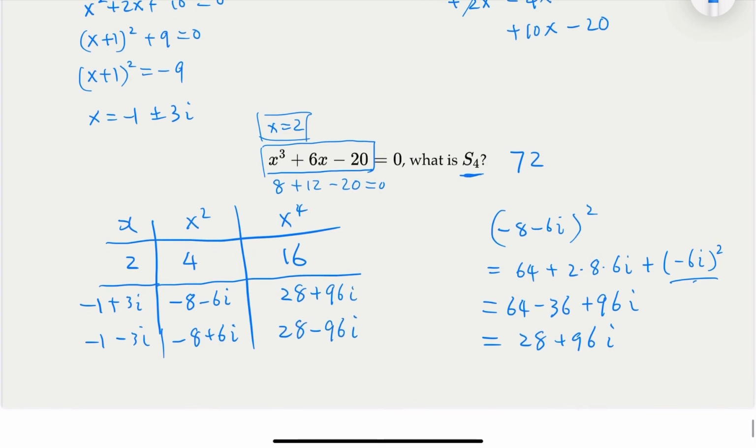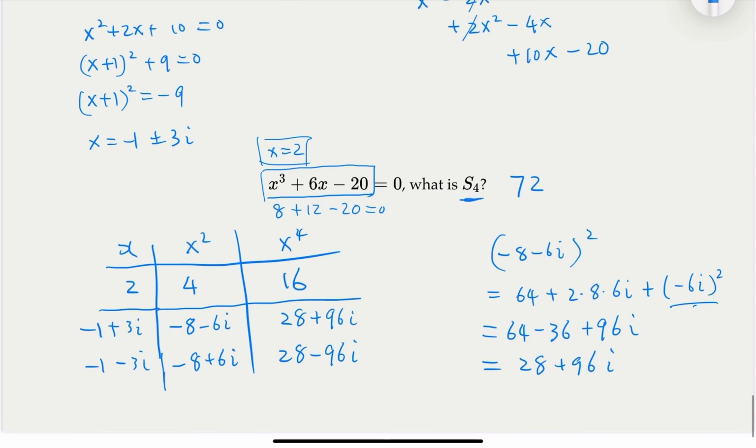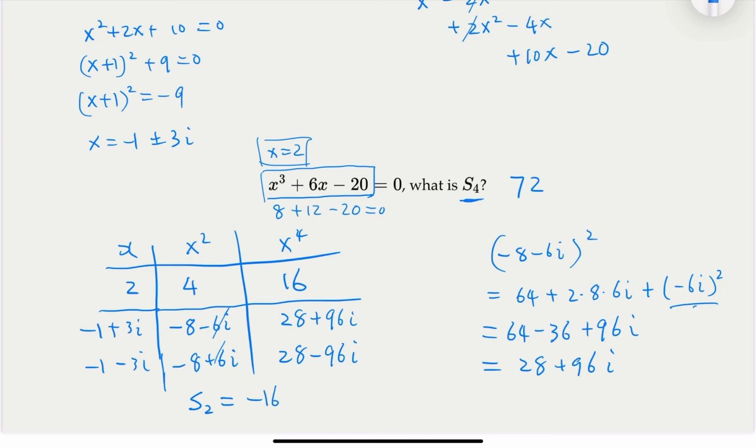So what is S2 here? You add everything up together. S2 would equal, when you add them together, this imaginary part cancels, and negative 16 plus 4 is negative 12. All right.